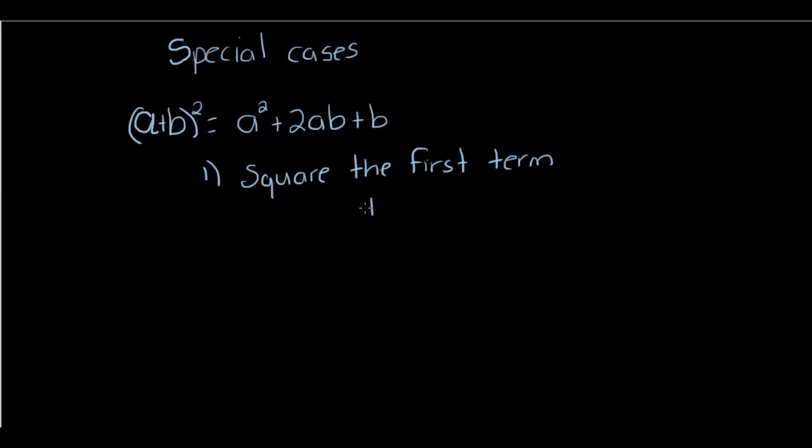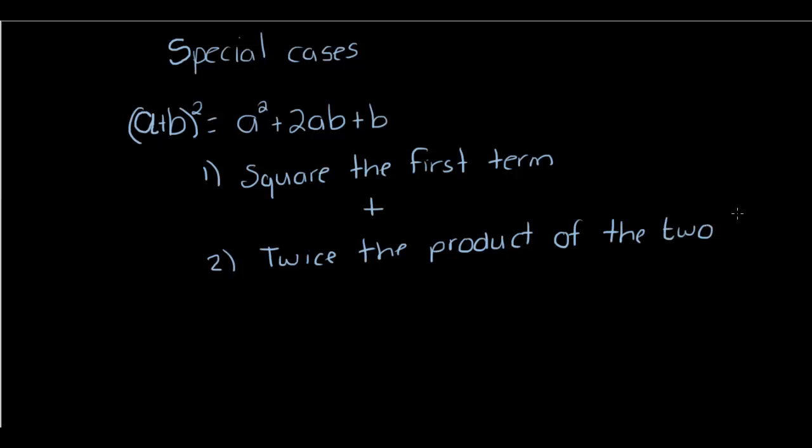And then this is going to be plus, the second step is twice the product of the two terms, plus the square of the last term.